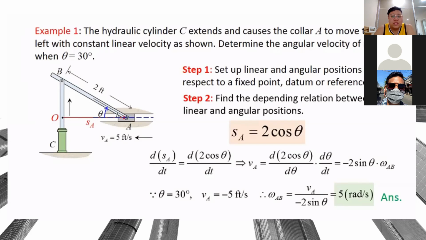So since we know what is VA, since we know what is sine theta, we can push out omega AB outside, and we bring forward VA. So omega AB equals VA over negative 2 sin theta, equals 5 rad per second.